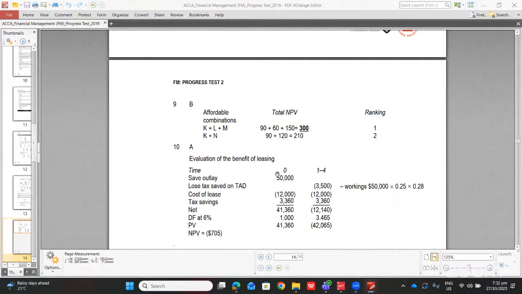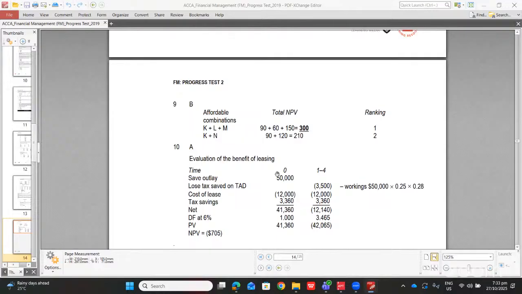So yes, you might not work it out this way, so I'm not even going to spend much time on it like that, because this is not the method you would have used. You would have known that when you're purchasing outright, you do the NPV, and the relevant cash flows will be the cost of the equipment, the tax savings on the capital allowances, and the scrap value. And then you would work out the NPV of leasing. The relevant cash flows will be the lease cost and the tax savings on the lease costs.